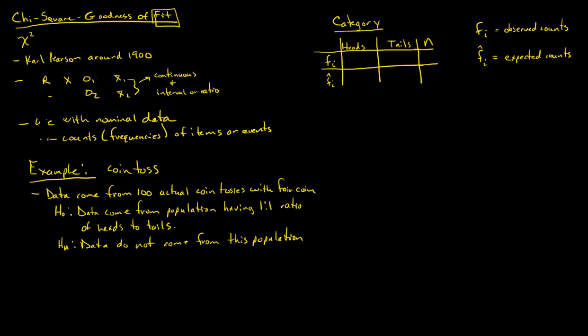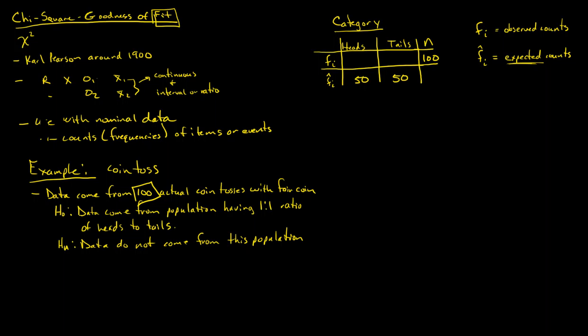Okay, so we said it was a 1-to-1 ratio, and we did 100 actual coin tosses. So if our n is 100 and it's a 1-to-1 ratio, that means we would expect 50 heads and we would expect 50 tails. Remember, the f hat is what we're expecting, and we're expecting a 1-to-1 ratio.